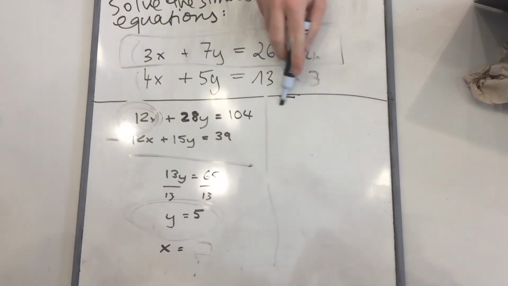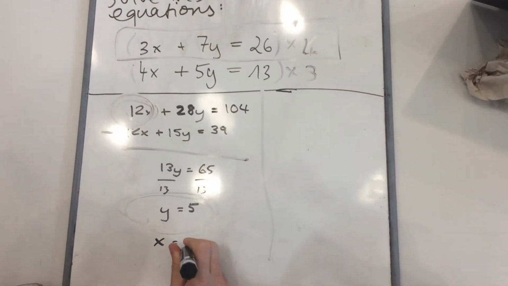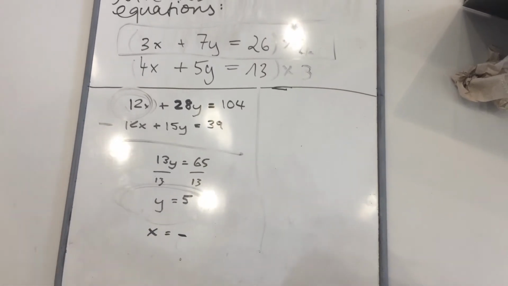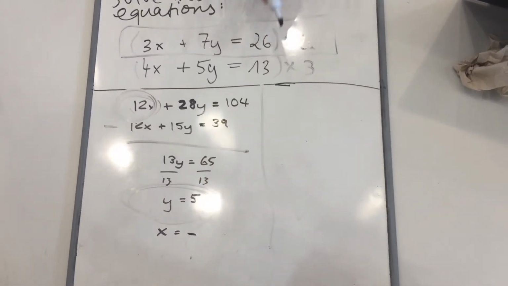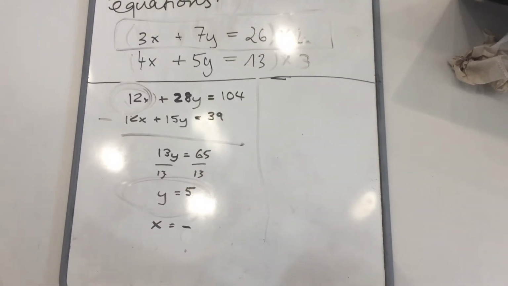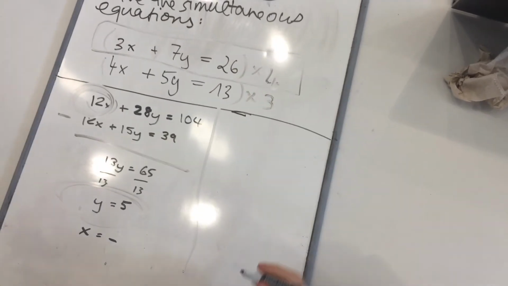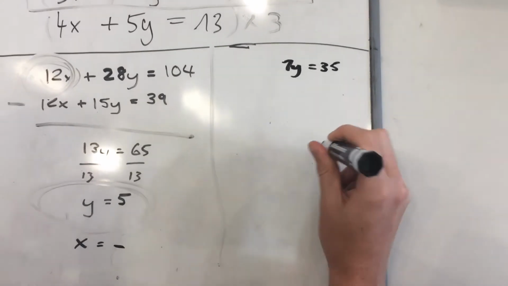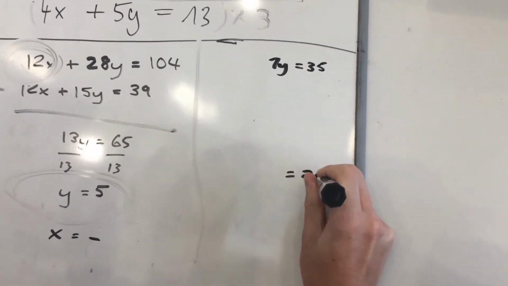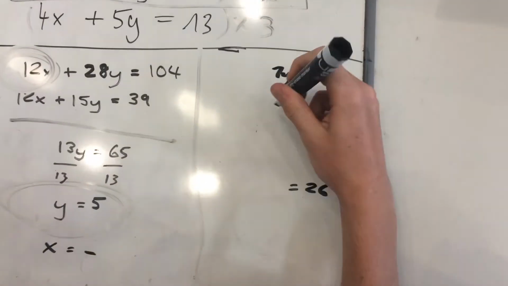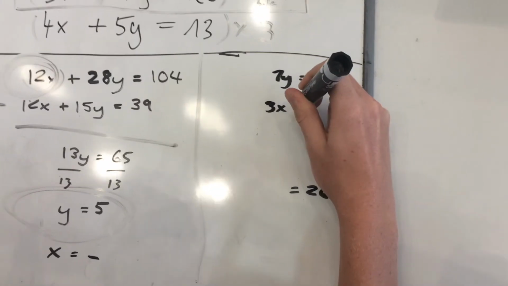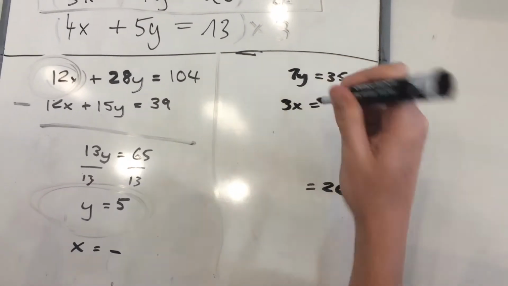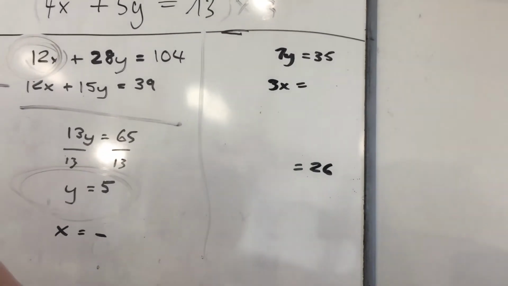So now we know that x is definitely going to be a negative number. To figure it out, we'll just be writing it out here. Since 7y is equal to 35, and the whole equation is equal to 26, then we must figure out what 3x is equal to.